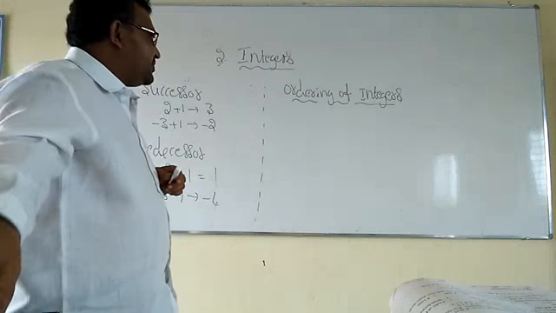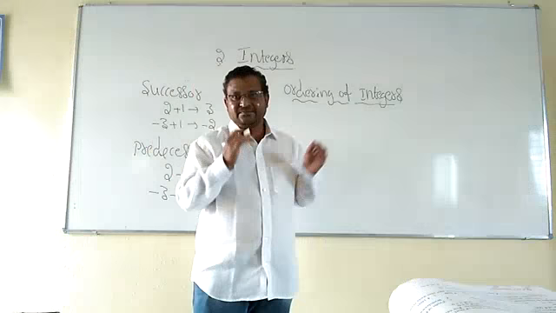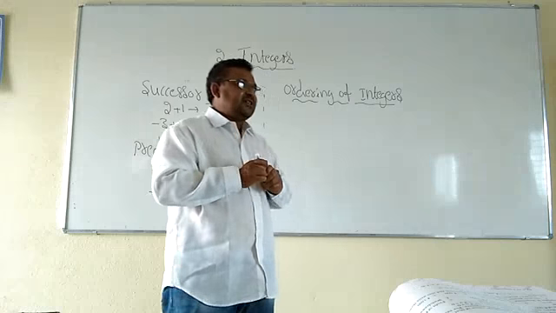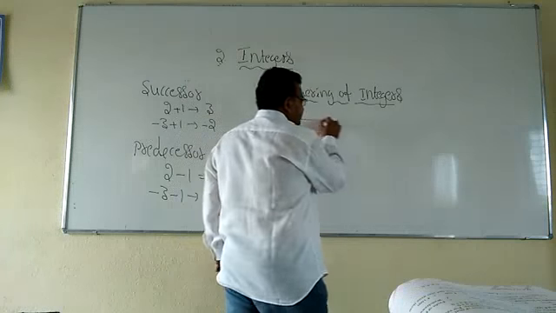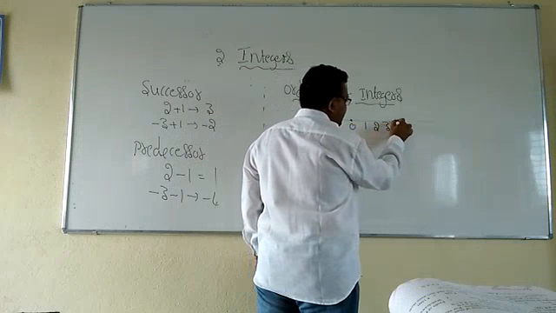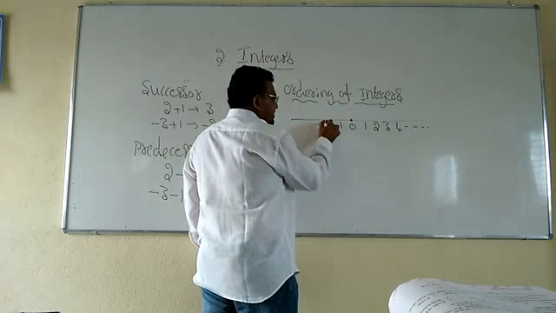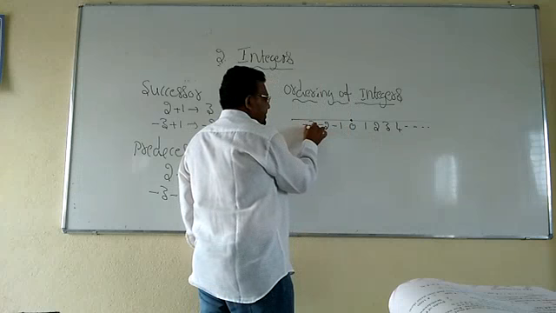Next, order of integers. What is the order? If we observe the number line, the numbers which are to the right side of 0 are positive numbers. The numbers which are to the left side of 0 are negative numbers.